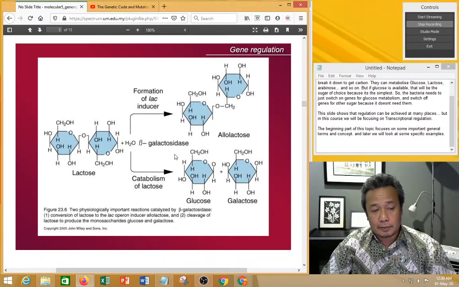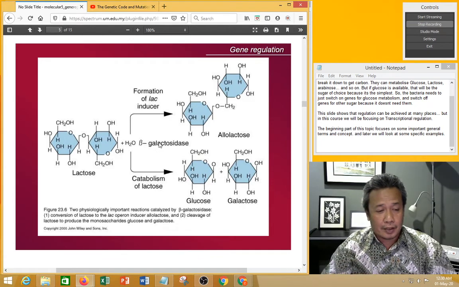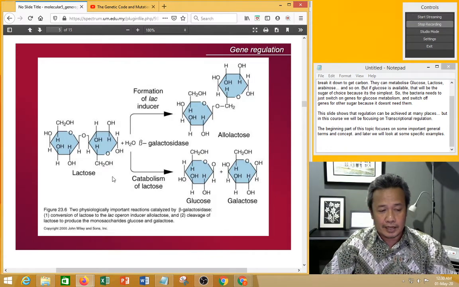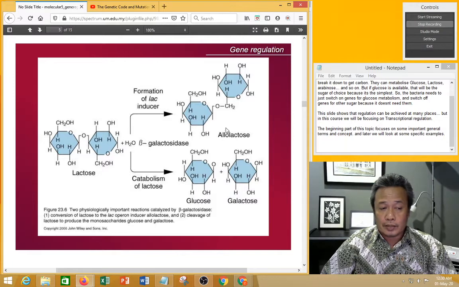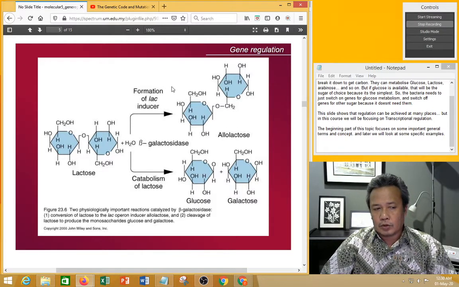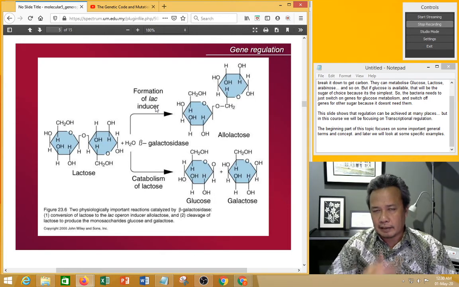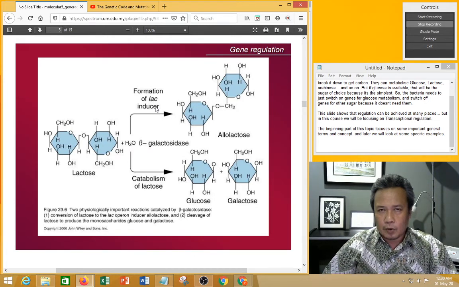Under the influence of beta-galactosidase, there are two pathways. One pathway is the breakdown of lactose to glucose and galactose, or the beta-galactosidase can also be used to produce allolactose. Now here, allolactose is the inducer. Where have you seen that? You've seen that in examples of how an operon functions.